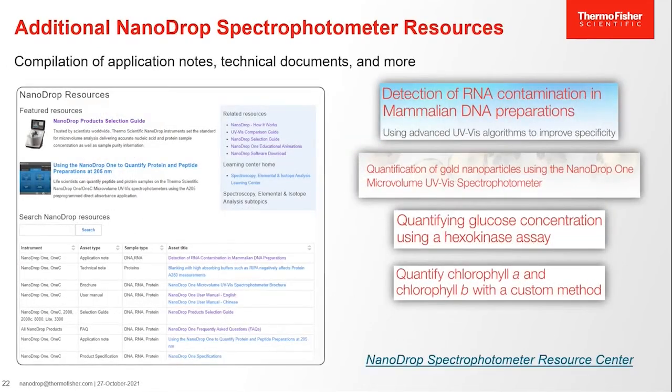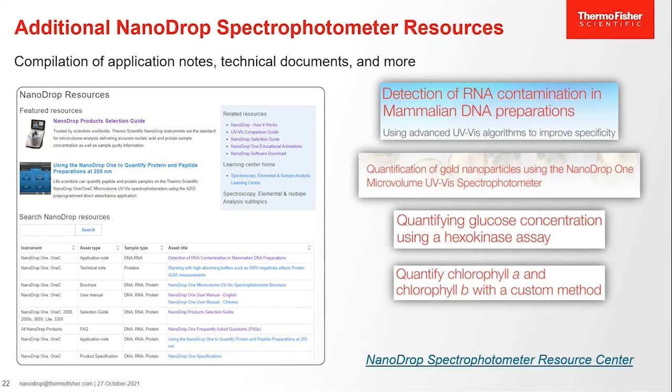We do have a lot of NanoDrop resources, and some are going to be included with this webinar. But if you have questions about other NanoDrop applications or technical resources, there's a link there, and I believe you will have access to the slideshow. So you can click on the link in the bottom right hand to take you to the NanoDrop Spectrophotometer Resource Center.